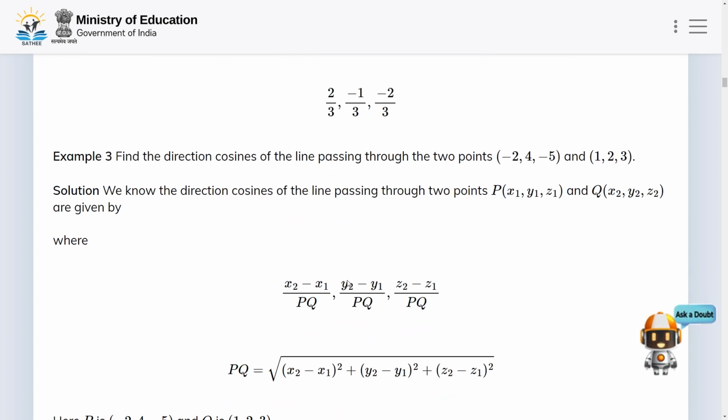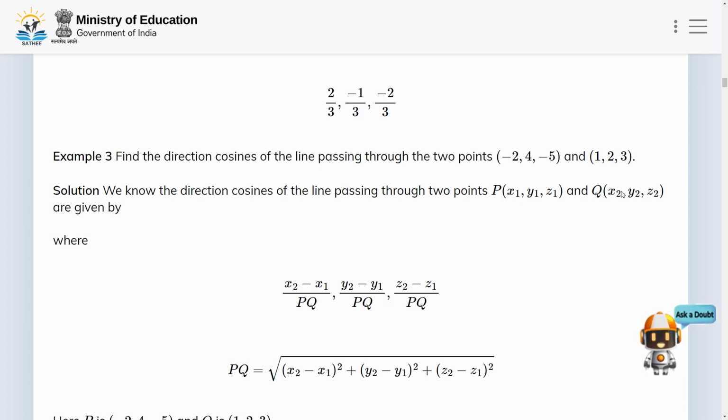Okay. Now find the direction cosines of the line passing through the points minus 2, 4, minus 5 and 1, 2, 3. Okay, you have 2 points. Very easy to find. You just saw the formula.